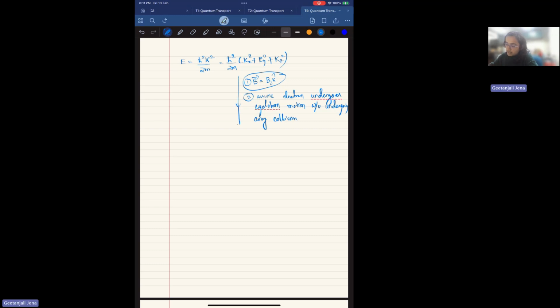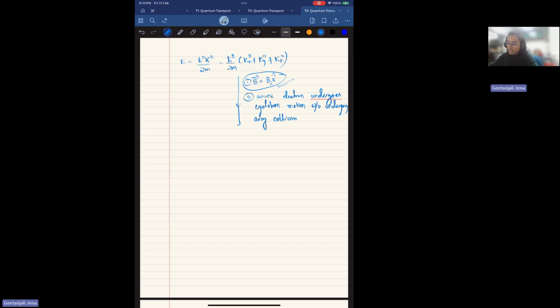If you apply a transverse magnetic field, we know it will exert a Lorentz force on the charged particle. So the charged particle will deviate from its normal path and circle around in a plane perpendicular to the magnetic field.